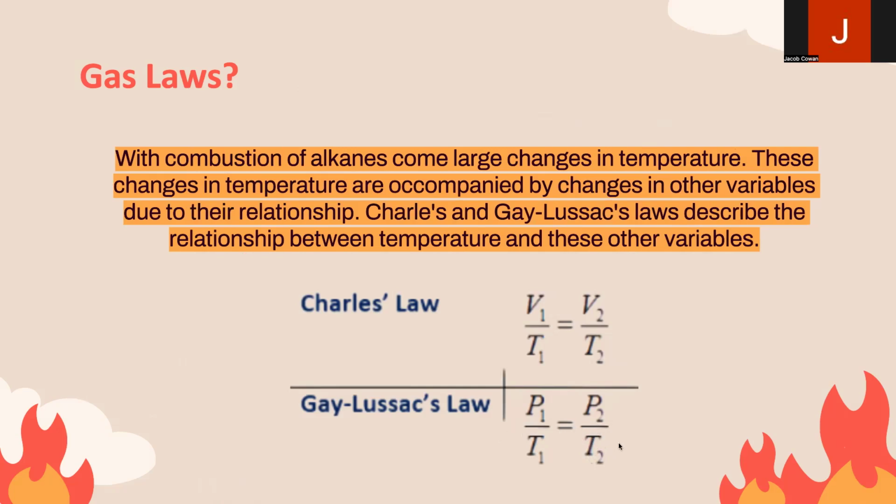Okay, so it's exactly double. If I increase this by double, then my pressure should increase by double, right? So if I have 1 atmosphere here and I increase this to 546, this is going to become 2 atmospheres. So they are directly proportional to each other. Increasing temperature will increase your pressure.